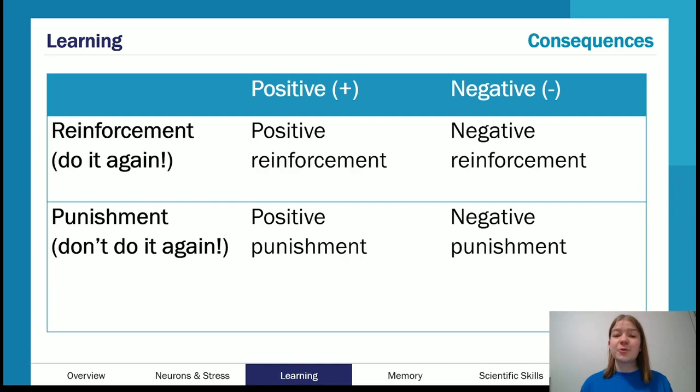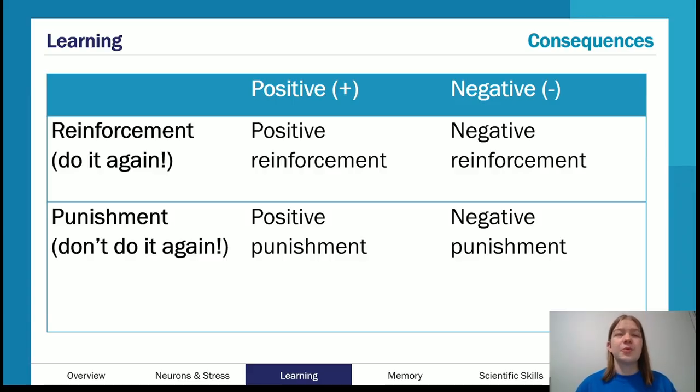So positive reinforcement is where we're going to add something in order to encourage the behavior. So this will be something like giving the child lollies. Negative reinforcement is where we're going to remove something, and then that's going to encourage the behavior. So for example, removing the child's yelling or complaining is going to encourage the parent to give the child lollies.